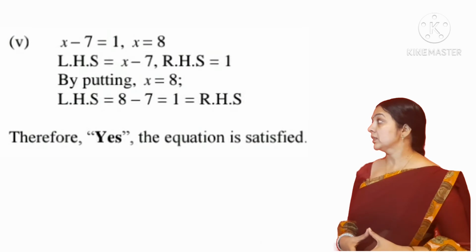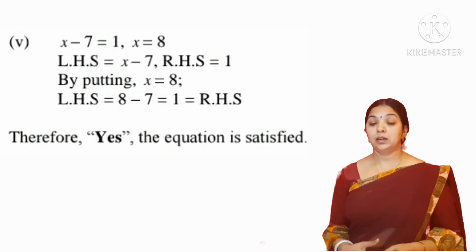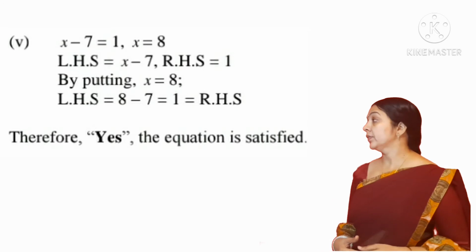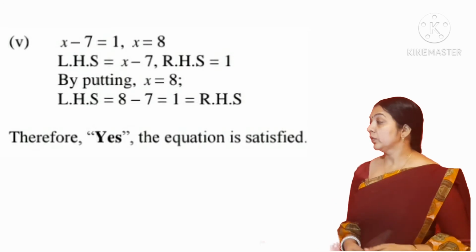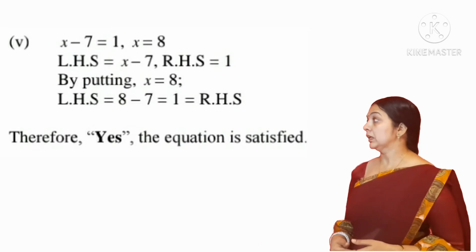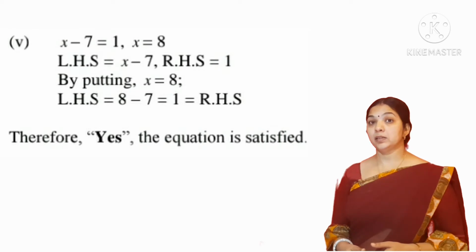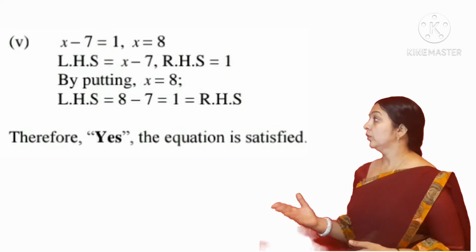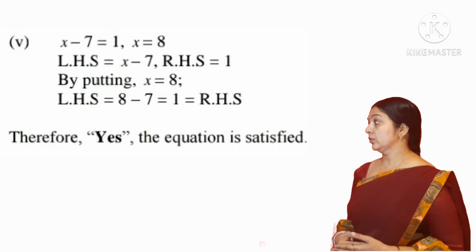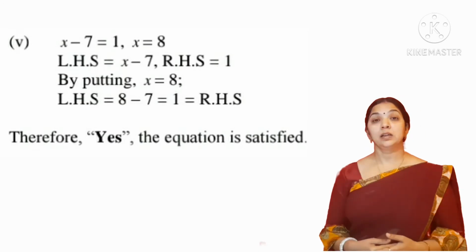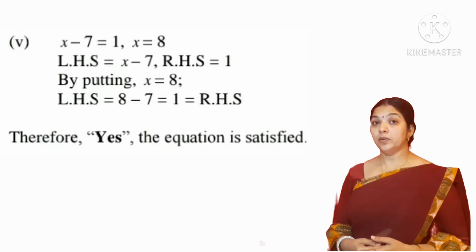Next is x minus 7 is equal to 1, and the value of x given to us is 8. So we will put x is equal to 8 in LHS. So 8 minus 7 is equal to 1. So LHS is equal to RHS. Hence, yes, the given value x is equal to 8 satisfies the given equation.